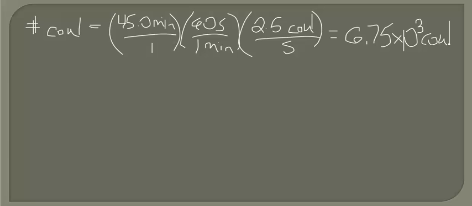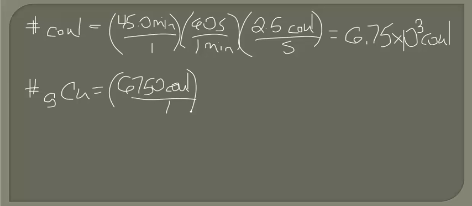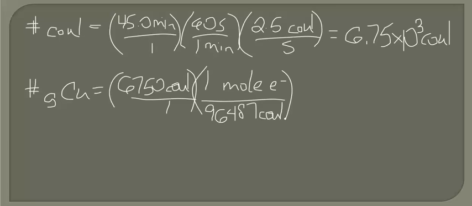Now to find the number of grams of copper, we're going to take the amount of coulombs, 6,750. For every 1 mole of electrons, there are 96,487 coulombs. Now go back to the half reaction. We had 2 moles of electrons for every 1 mole of copper.